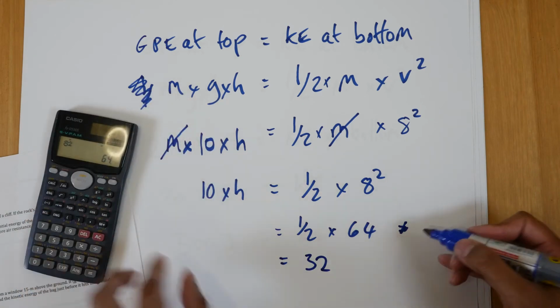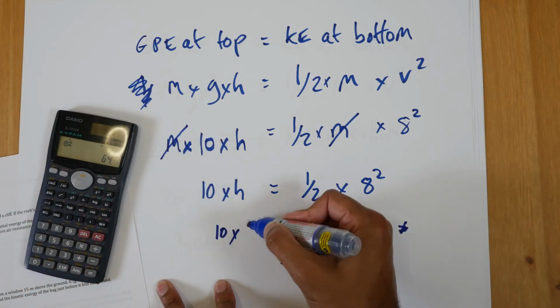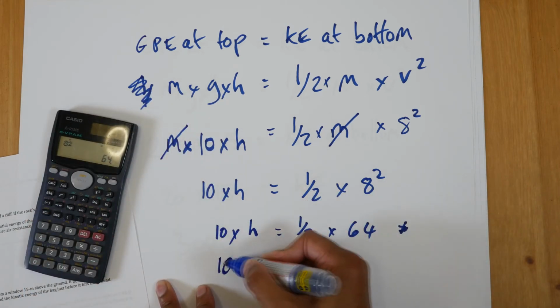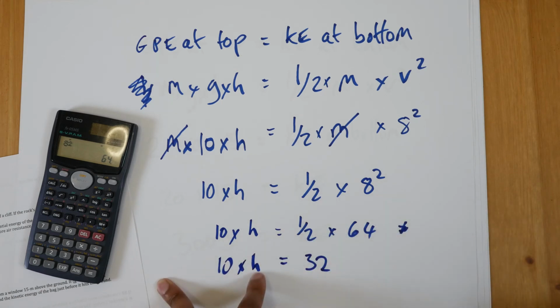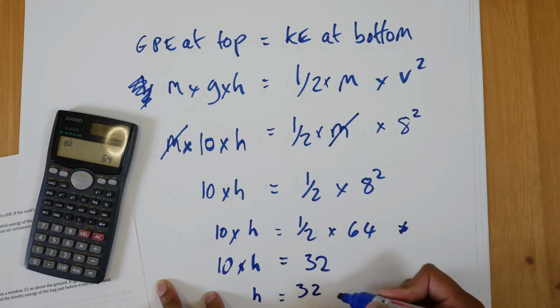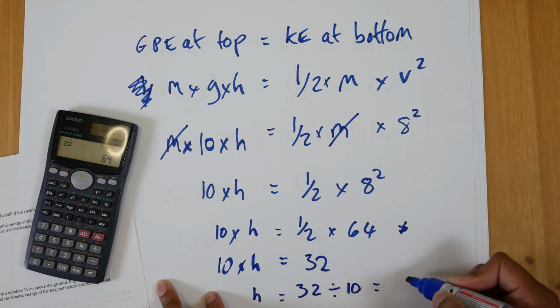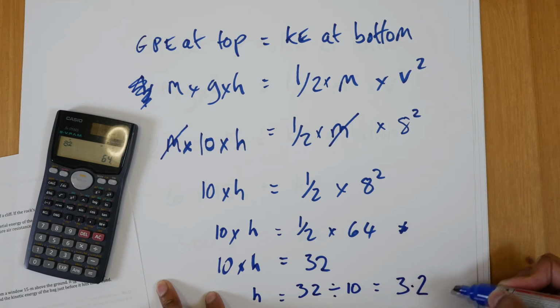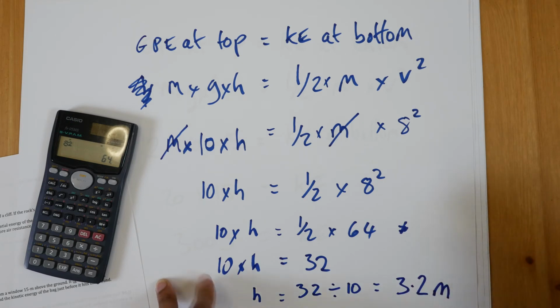Okay? So that's 10 times h. 10 times h, you see? So h is 32 divided by 10. H is 3.2 meters. You see how I did that?